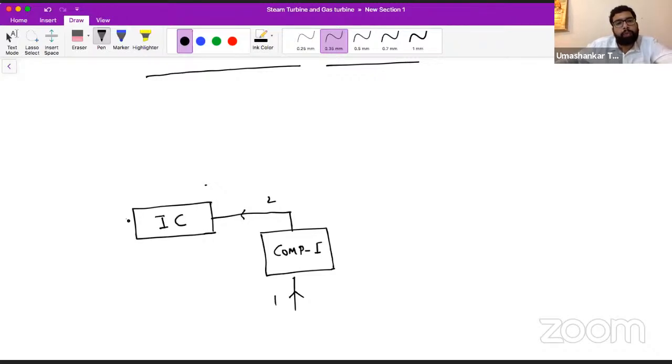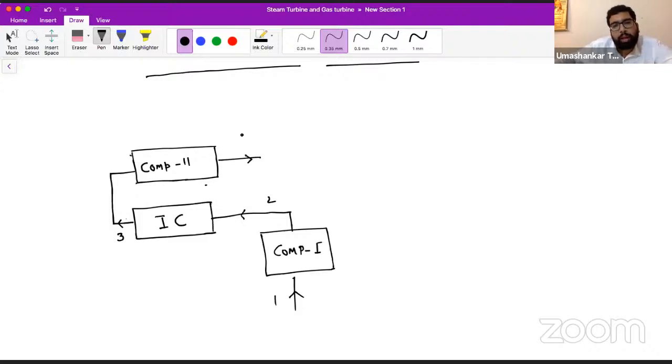After our air leaves the intercooler, it will go to the second stage of compression. Let us call it compressor 2, or you can say the second stage compression process or second stage compressor.